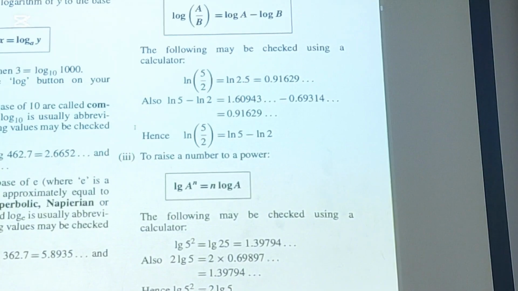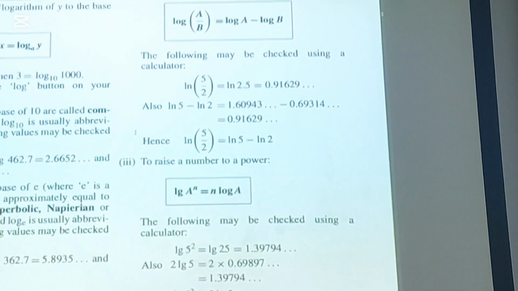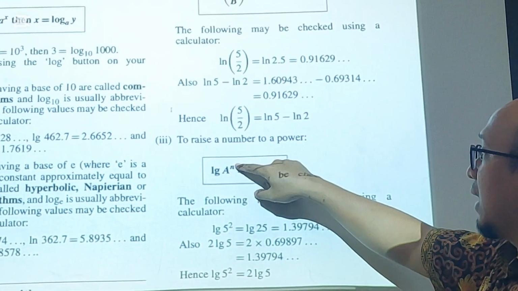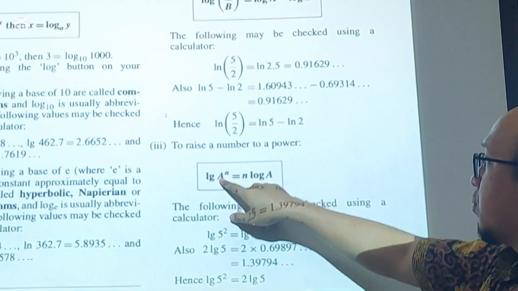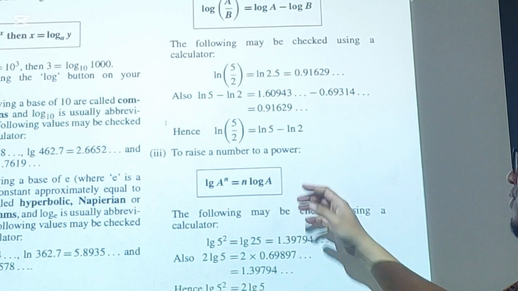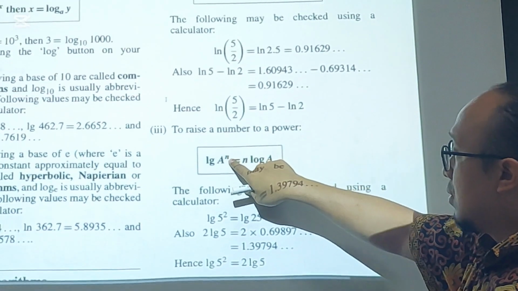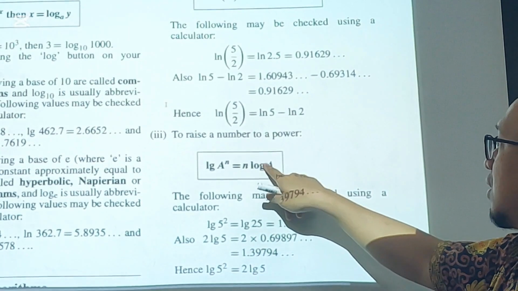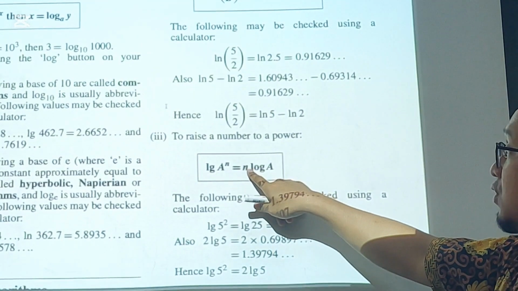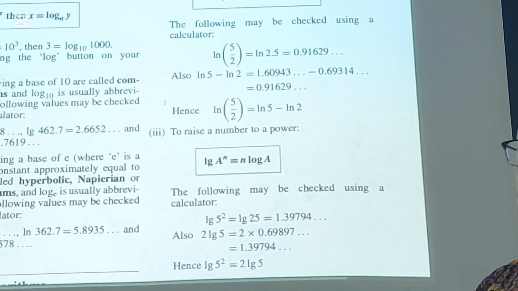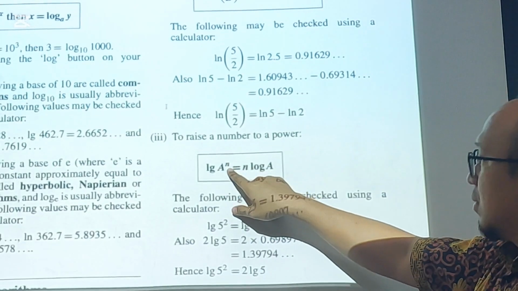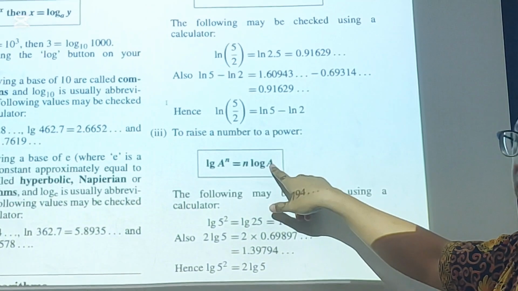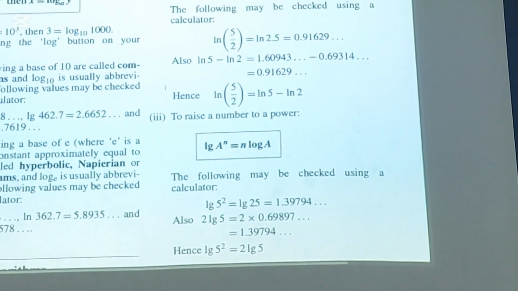Then we go to the third law. If you find log a powered by n, you can change this n notation into the left side of the logarithm. So this will become a multiplication. Log a powered by n will be n multiplied with log a.